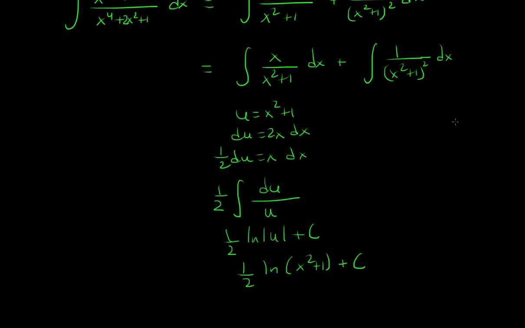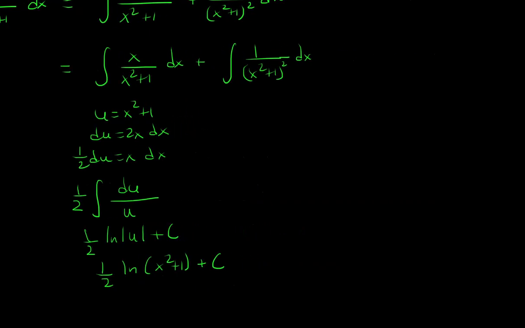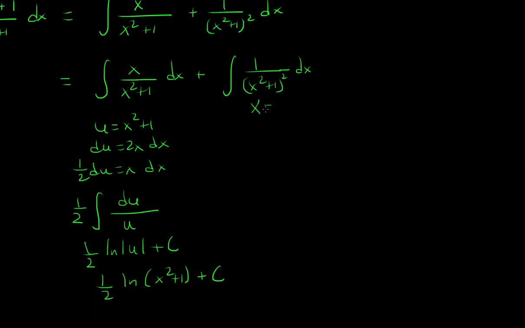Okay, now we'll focus on 1 over (x squared plus 1) squared. For that, we're going to make a substitution. We're going to let x equal tangent theta. And so dx is secant squared theta d theta. So dx on the top we replace with secant squared d theta.